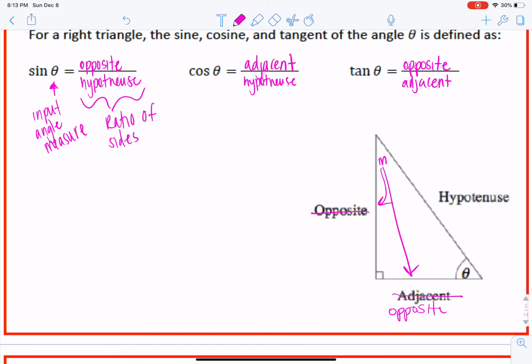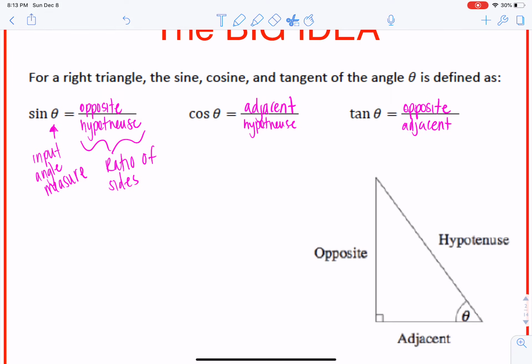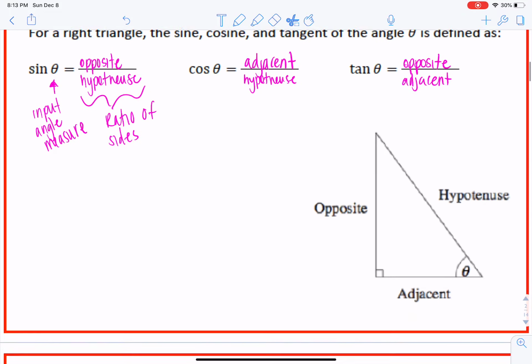This would turn into my adjacent side, and my hypotenuse would stay the same. So it's important as we're working with these trig functions that we're paying attention to what angle we're talking about, and we're paying attention to the side length in relation to that specific angle.